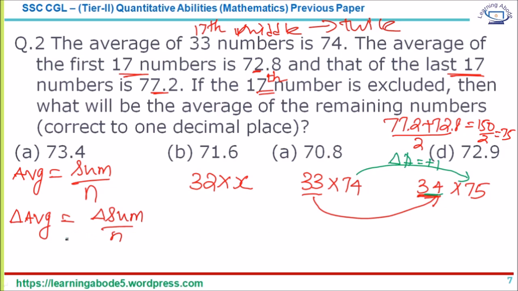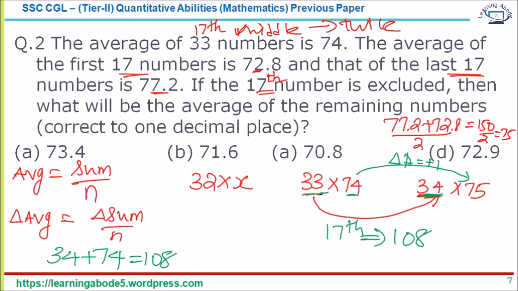And in terms of sum, there are 34 numbers, so it has contributed 34 more than the existing average. Now the existing average is 74, so 34 more than the existing average is 108, right? So that 17th number is 108.